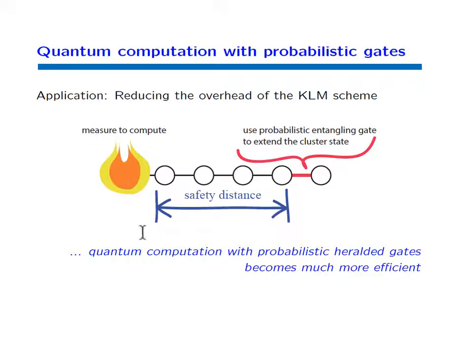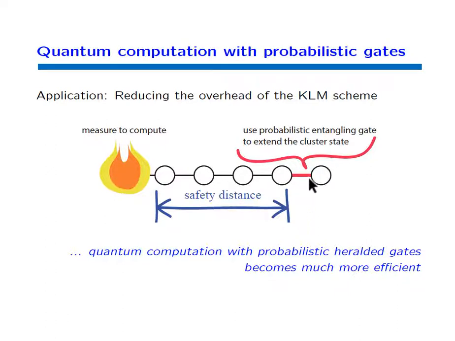On the other side, the cluster state is shortened by the measurements that drive the computation. The particularity of the situation is that these entangling gates are probabilistic heralded. So they do not always succeed, but on average they succeed, and on average this chain gets longer and longer. It is on average appended to on the right-hand side, while at the same time it is shortened at the left-hand side.